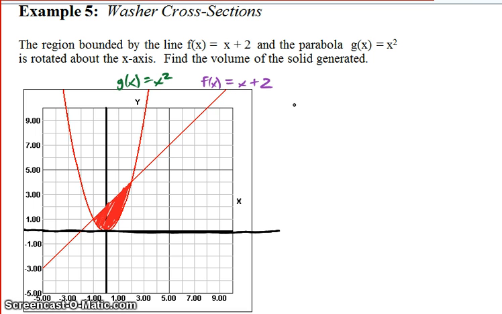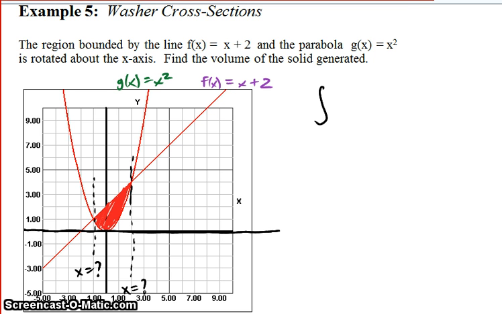So I know this is going to be an integration problem, but I'm going to be integrating from this x value, x equals question mark, to this x value. These are just the intersection points of the two graphs.